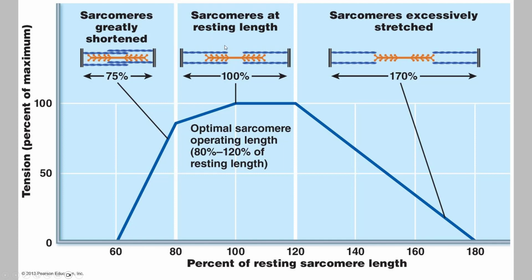But right here, right in this sweet spot, slightly stretched muscle, that's where we get the number of cross bridges that are maximal, so that we can get full cross bridge formation and lots of room to shorten that muscle.